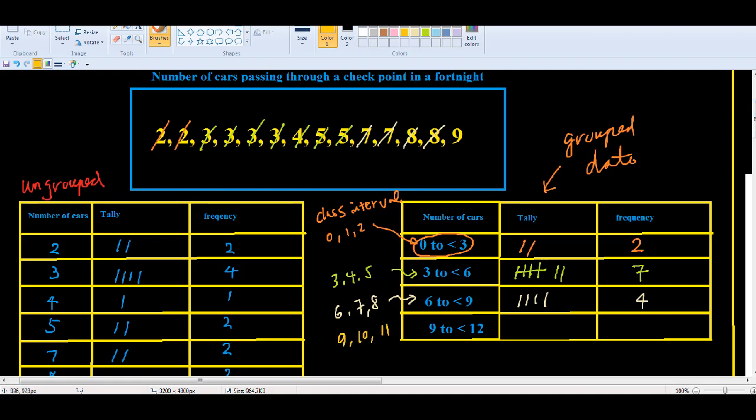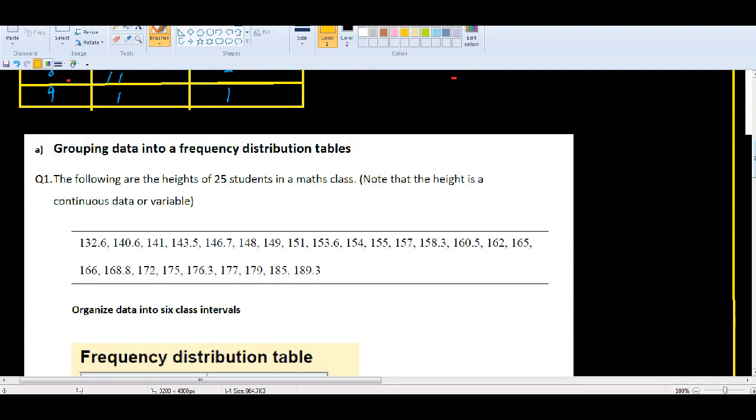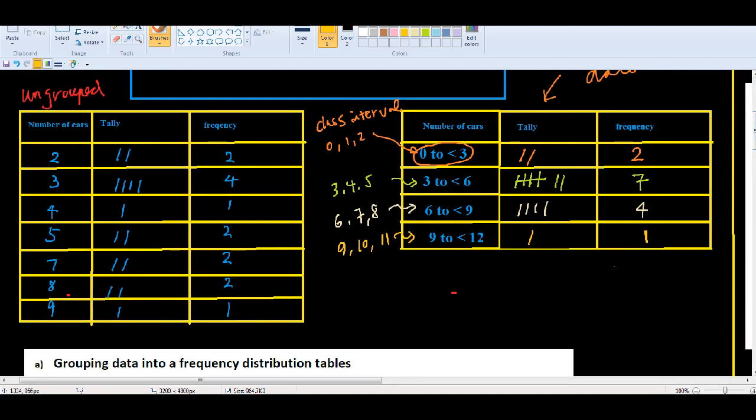We have only 9, we don't have the others. So that's only 1. When we add all the frequencies, what do we get? 14. So it agrees with the total number of data.